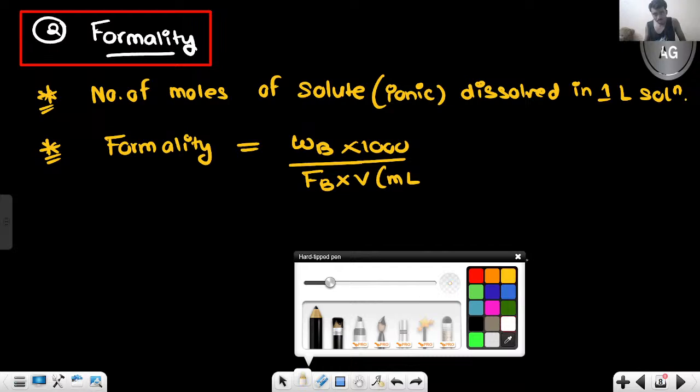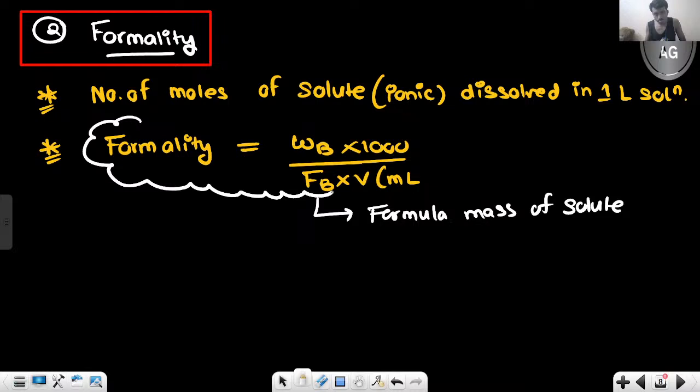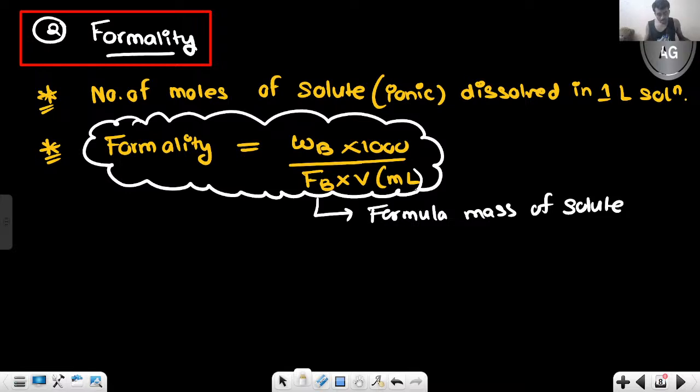What is this FB? FB is the formula mass of solute. Mostly we don't give calculations from the formality part, neither does JEE ask, so no need to worry about this. Done, understood.